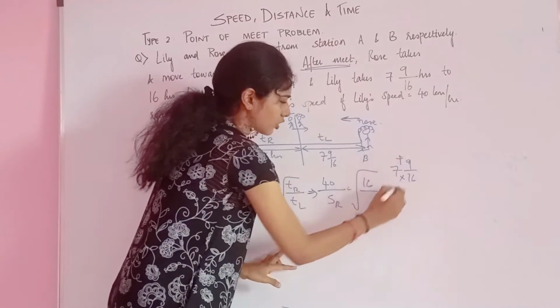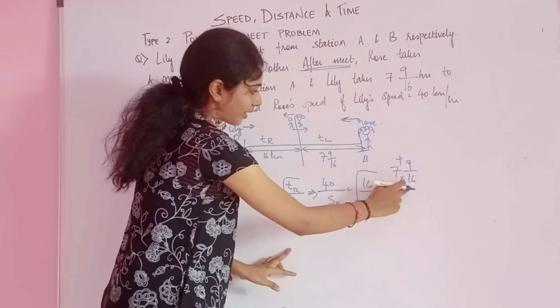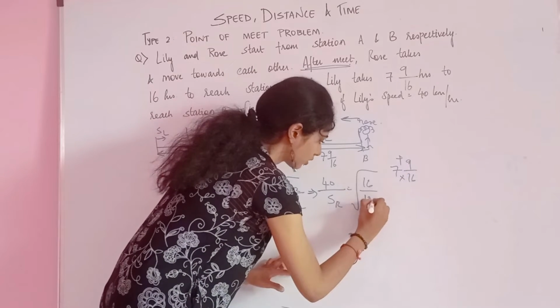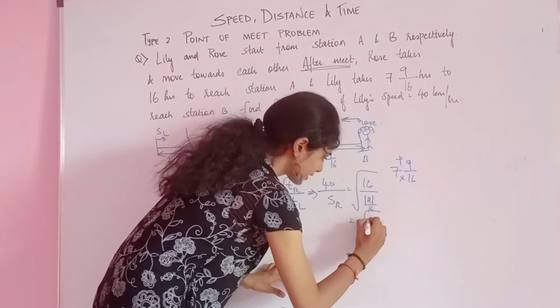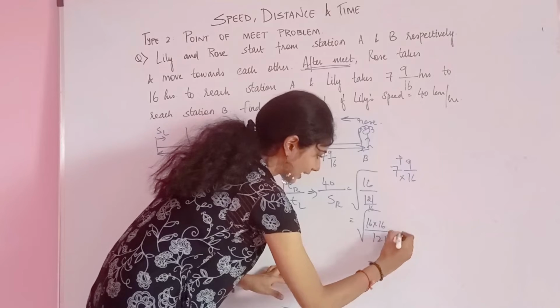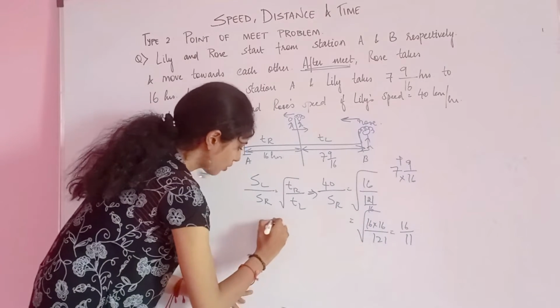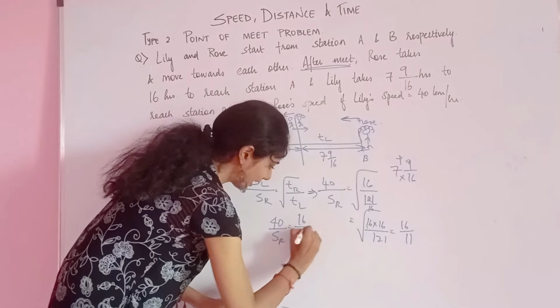Multiply, add. 7 into 16 is 112 plus 9. It's going to be 121. So it's 121 divided by 16. So there's nothing but root of 16 into 16 divided by 121. I can write it as 16 divided by 11, right? So 40 by SR is equal to 16 by 11.